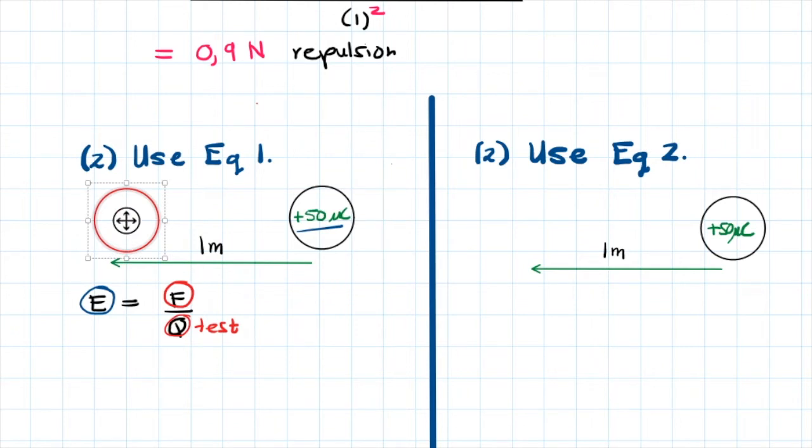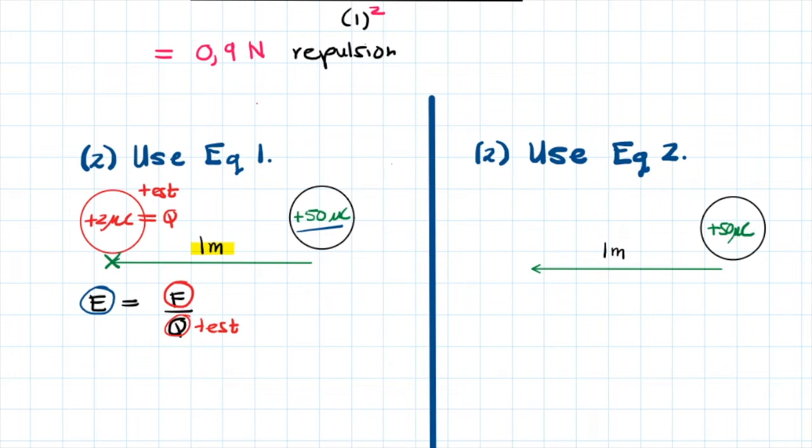We're going to take the positive 2 microcoulomb charge, and we're going to put it at a distance 1 meter to the left of the positive 50 microcoulomb charge. This here is acting as the test charge. We know its charge, which we of course are going to substitute into the formula in the correct SI unit.